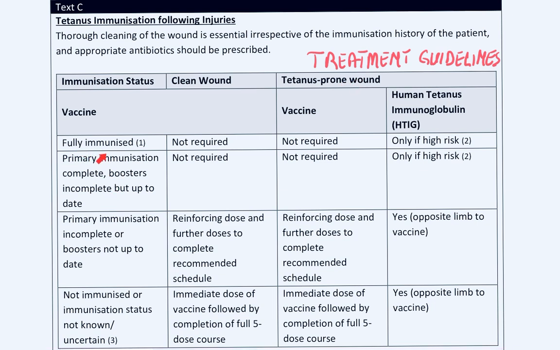So if the person is fully immunized, then the vaccine is not required. If it is tetanus prone wound, still not required. Other places we have primary immunization incomplete or boosters not up to date, reinforcing dose, and further doses to complete recommended schedule. So they are advising you what to do. So text C is about treatment guidelines, how to treat clean wound and tetanus prone wound.